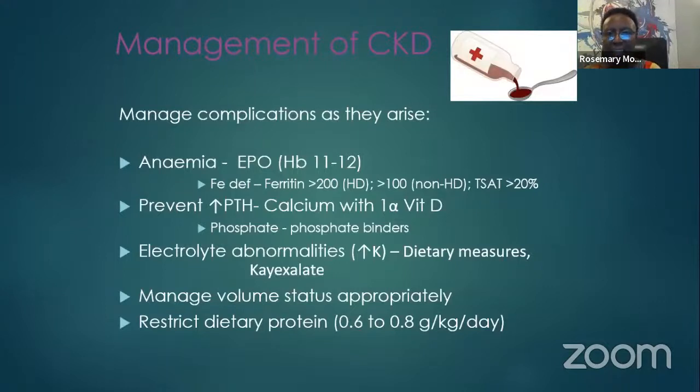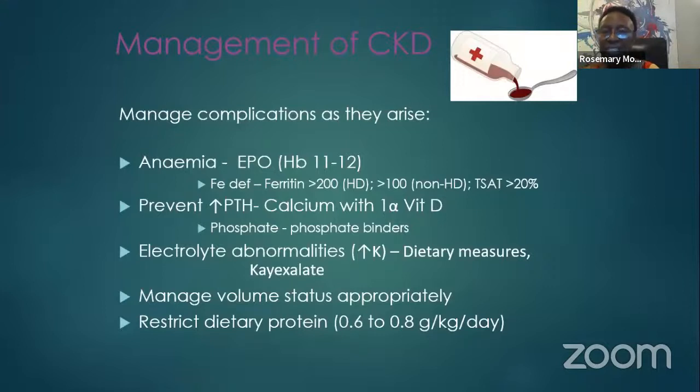Electrolyte abnormalities such as your high potassium, which you often get with chronic kidney disease: look at your dietary measures, look as well at the medication that the patient is using. If your patient is on ARBs or on ACE inhibitors or spironolactone, you may have to stop that medication. You may use as well kayexalate. Manage your volume status appropriately.